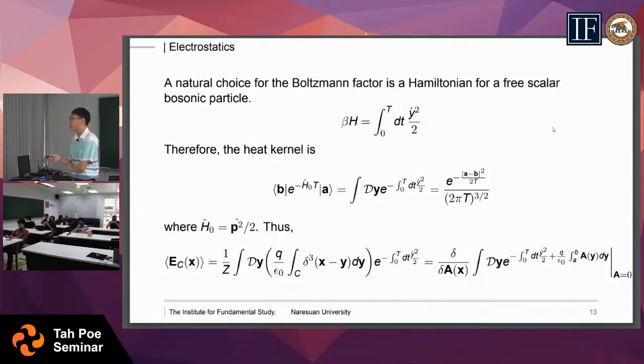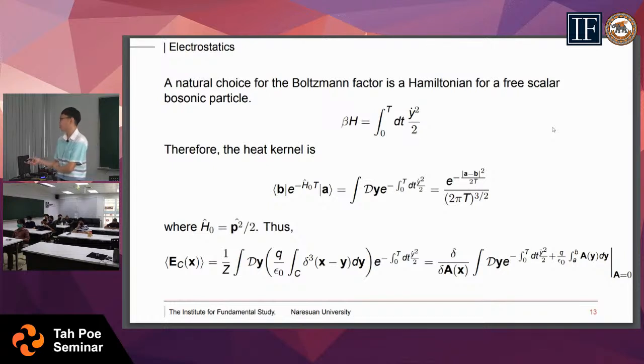Then I'm going to average the string solution over all the possible trajectories. You can see that the string solution contains the Dirac delta function here.